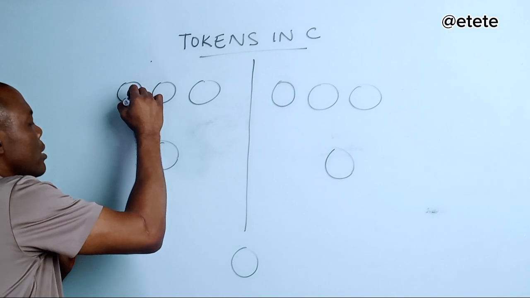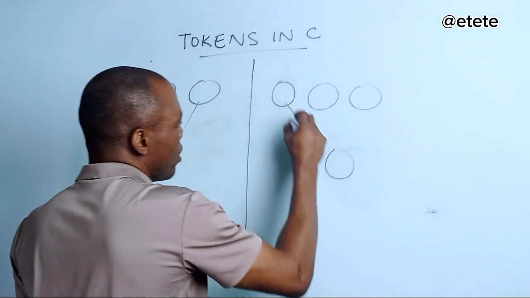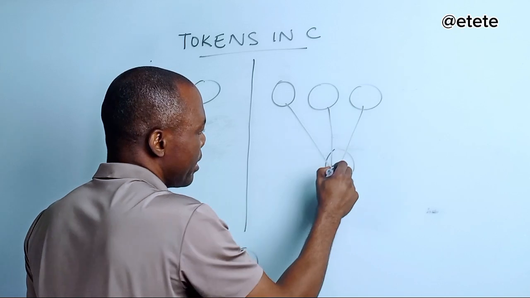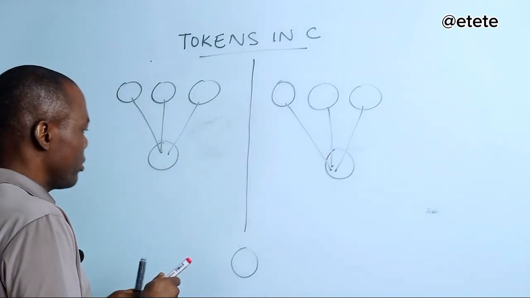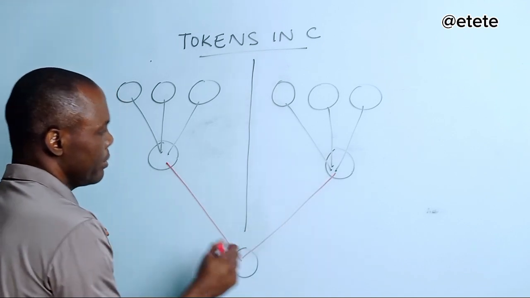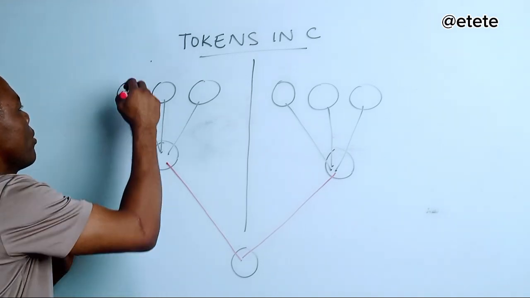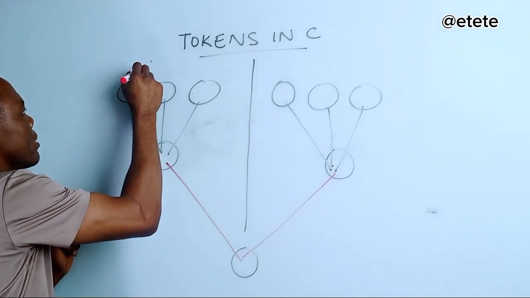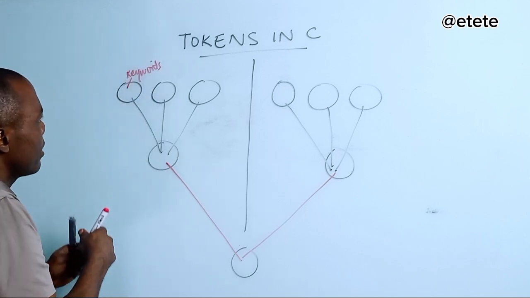So what happens is this. This comes here, here, and here. This one comes here, here, and here. Let me use red. So then you have this, and then you have this. So what is happening is this. We have your keywords, right?